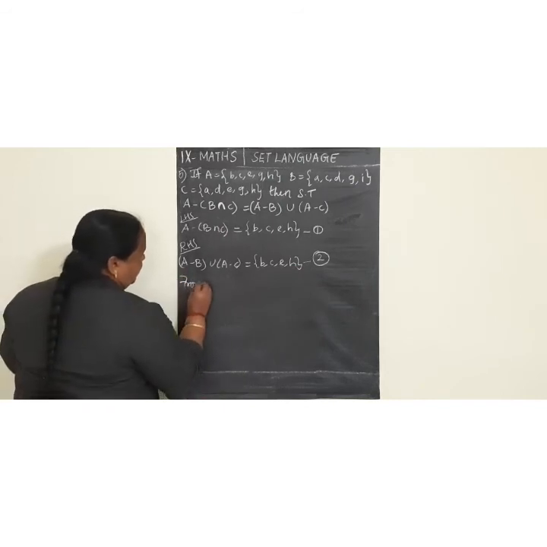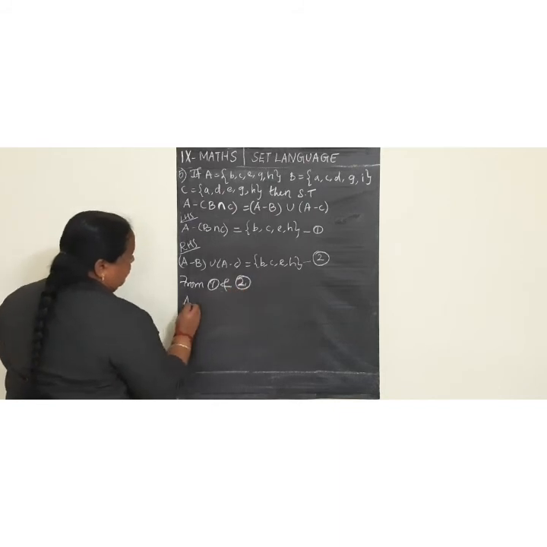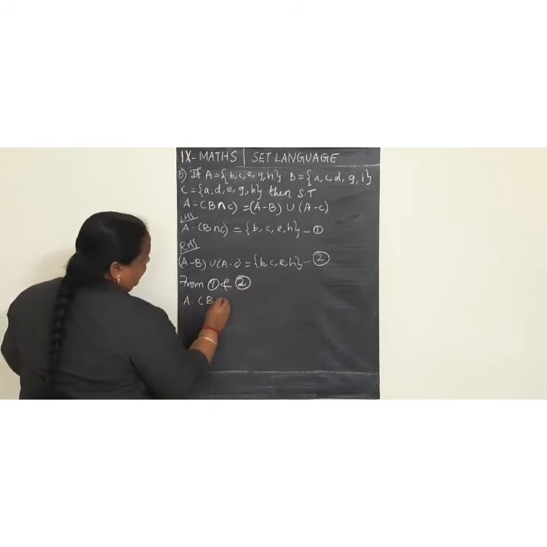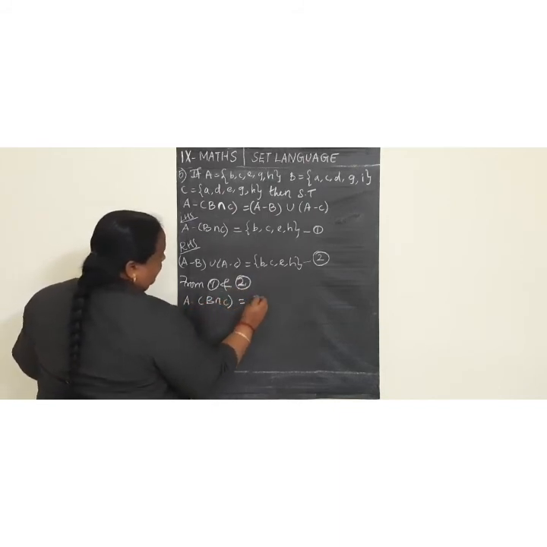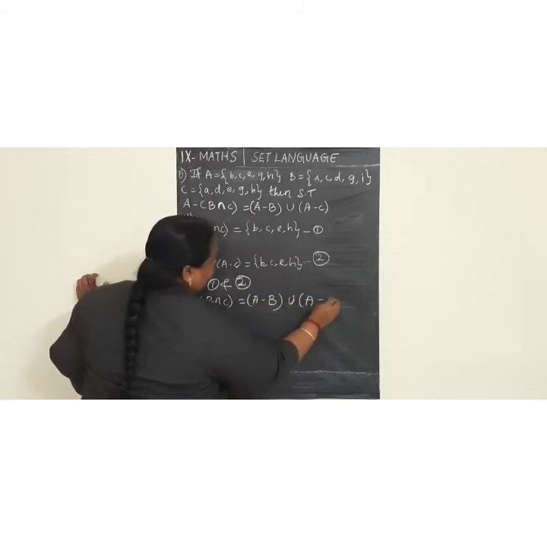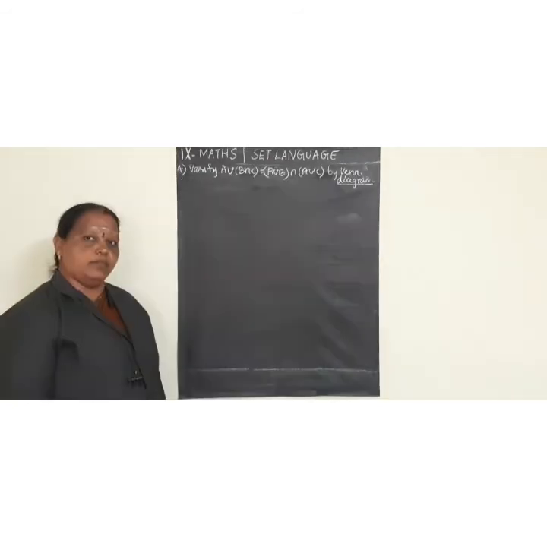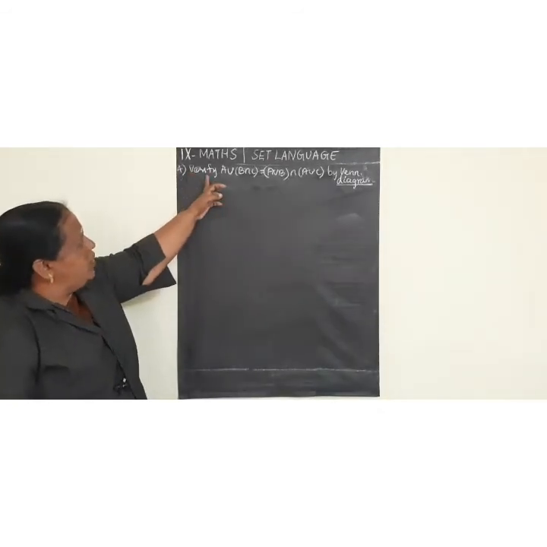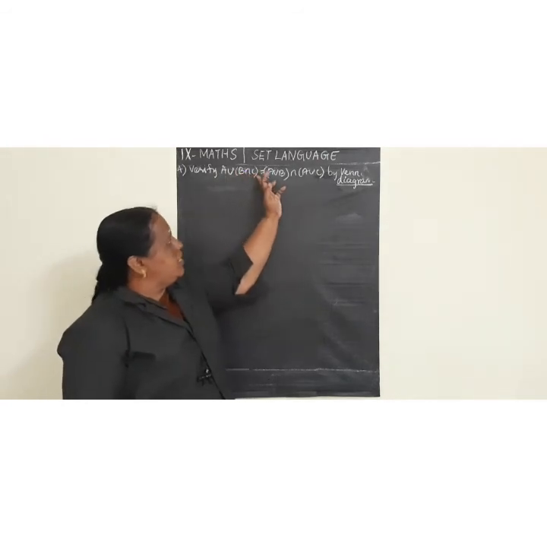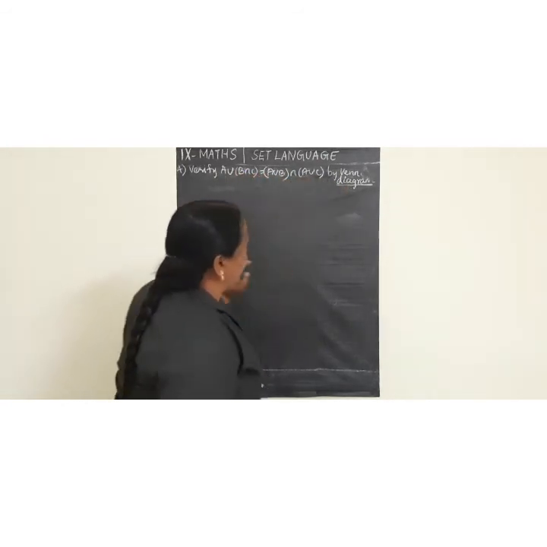So from equation 1 and 2, A minus B intersection C is equal to A minus B union A minus C. The next question is verify A union B intersection C is equal to A union B intersection A union C by Venn diagram.